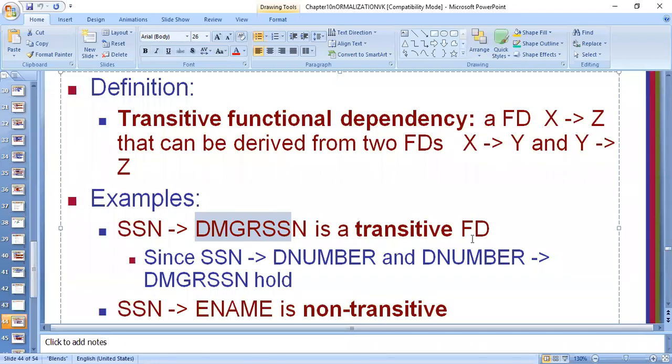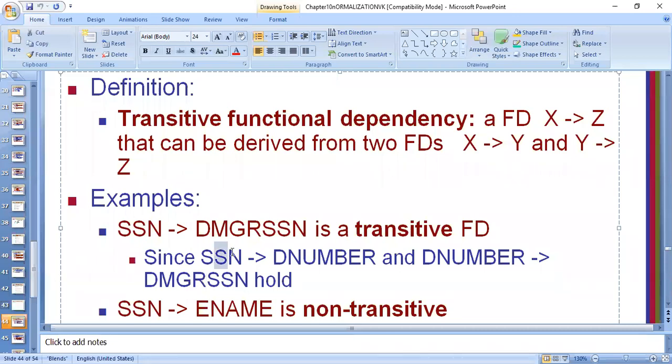Why is it a transitive dependency? Because it is something like this. Every employee works for a department, and that department has one manager. Are you getting it? Employee works for a department, and that department is managed by one manager. That is why this employee is managed by this particular person. Clear?